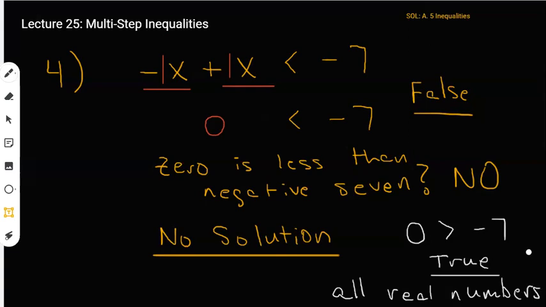So sometimes you might run into these two situations where you could get a false answer. In that case, you would write no solution. But sometimes you might get a true statement. In that case, all real numbers would satisfy this inequality.